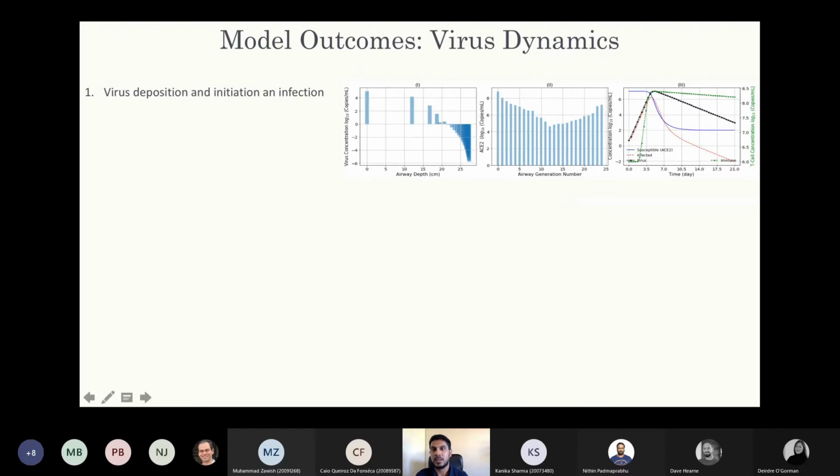Once the virus deposits, the initial viral infection starts. So you can see that initially the infected cells as well as the virus concentration increase and reach their peak within 3 to 10 days, and then decrease because our immune system starts fighting against the virus.